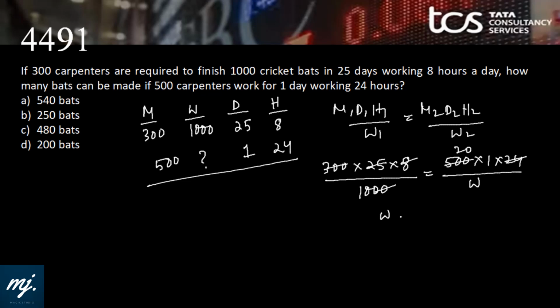So W is 20 into 10, that is 200. So 200 beds can be produced by 500 men in 1 day working 24 hours. 200 beds, option D is the correct one.